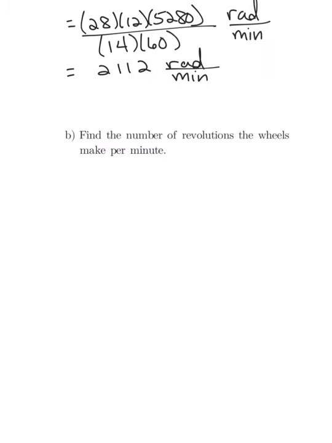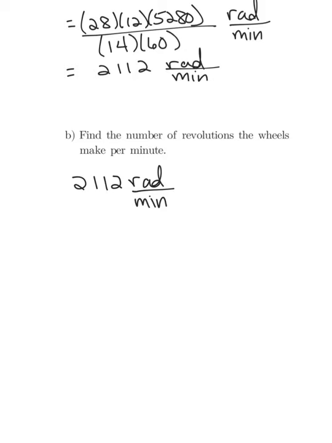For part B, we are asked to find the number of revolutions the wheels make per minute. If we go back to our answer for part A, we already know that we have 2,112 radians per minute as our angular speed. If you think back to our last problem, we talked about the fact that 1 revolution is 2 pi radians.